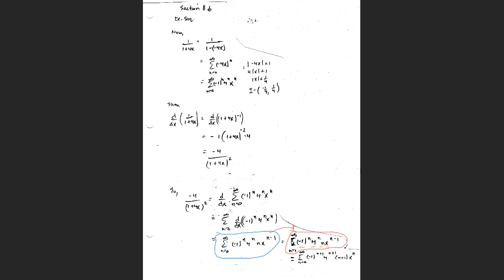Why can we do that? It's like we're saying the first term of the series equals 0. Well, the first term of this series does equal 0.